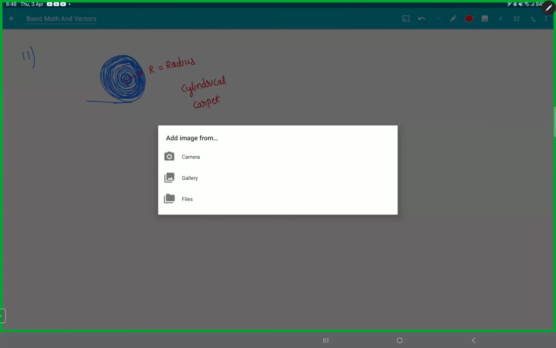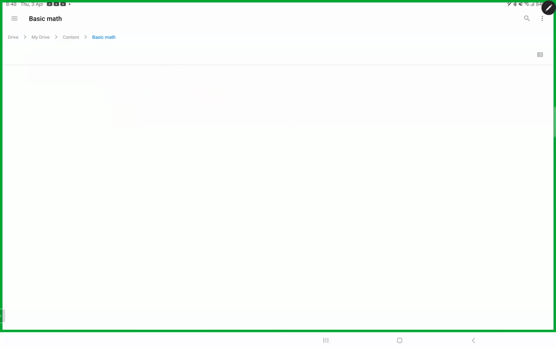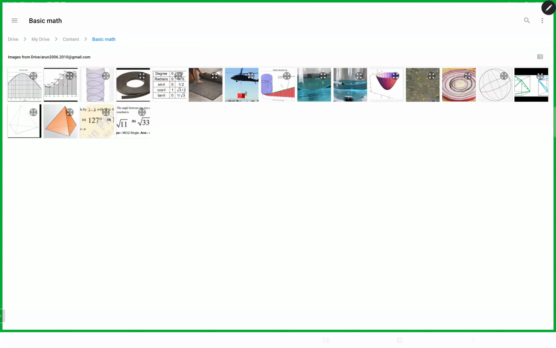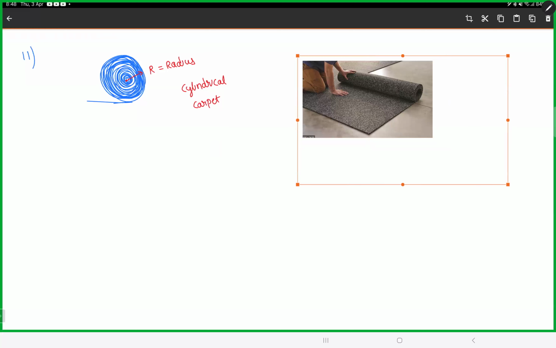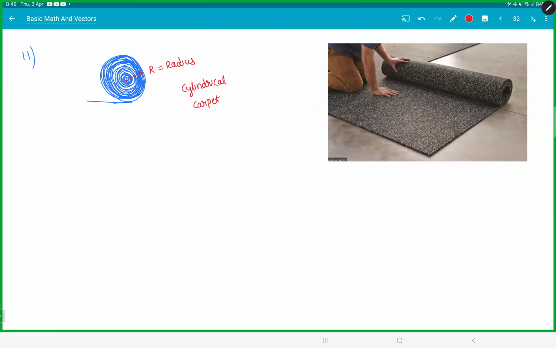Meaning it looks something like this. Not exactly, but yeah, something like this. Then what you did, you started rolling this carpet on the floor. So this carpet rolls down completely.